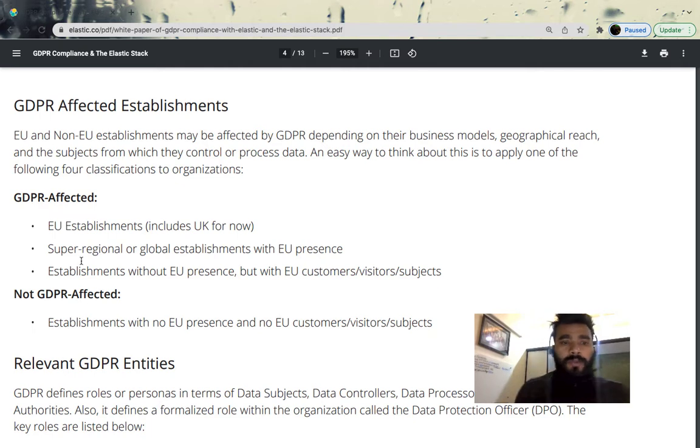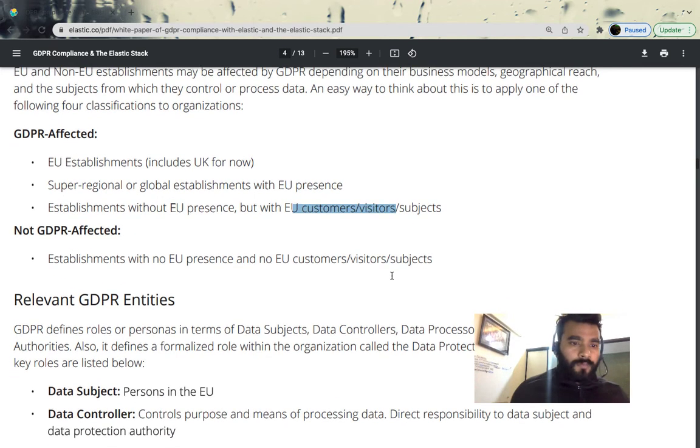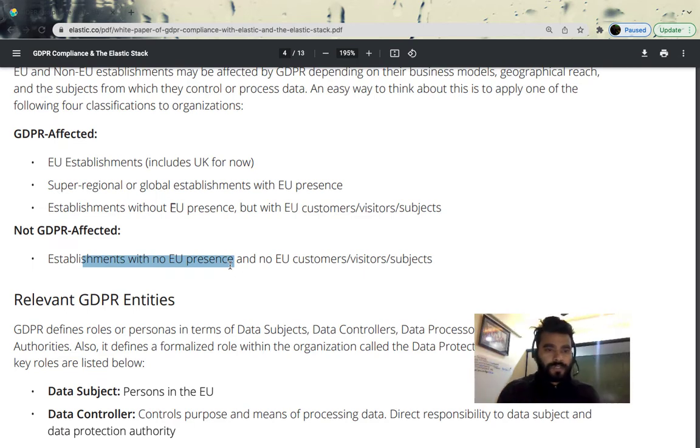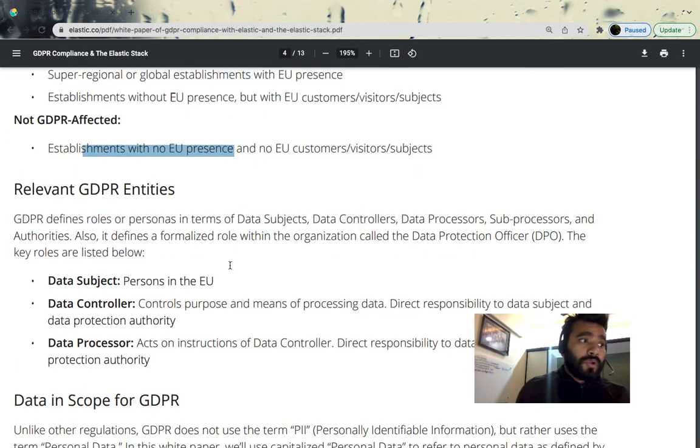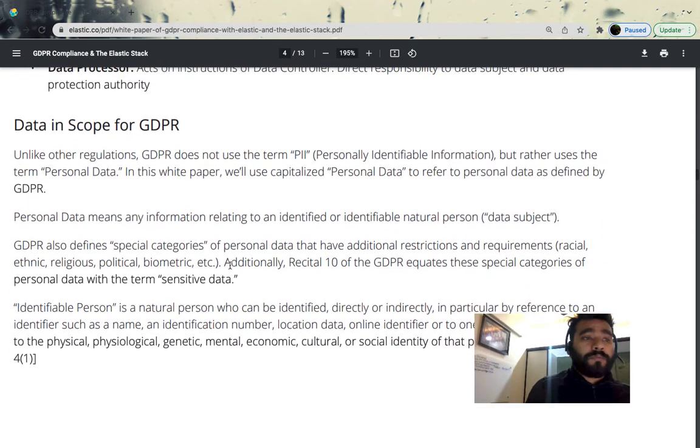Primarily, establishments without an EU presence but with EU customers or visitors are subject to it. Who is not affected: establishments with no EU presence or no EU customers. If you don't have any EU presence, no clients, no customers, no visitors, you don't have any effect from GDPR. So Indian customers, Asian customers, are not affected by GDPR.